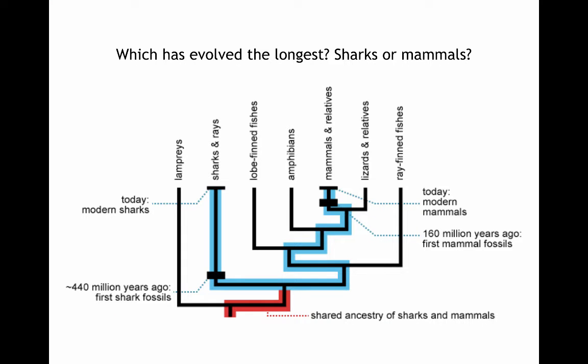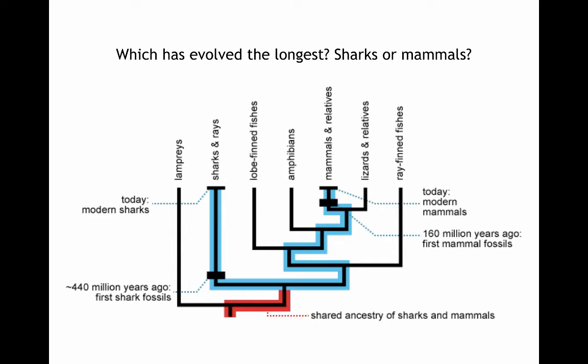If we look at a tree, let's see if we can figure out what's going on. All right. So in this tree, my question is, which one has evolved the longest? We're looking here particularly at the shark group and the mammal group over there. You can pause the video. Okay, so most people are probably going to say sharks if they don't think about it too much.